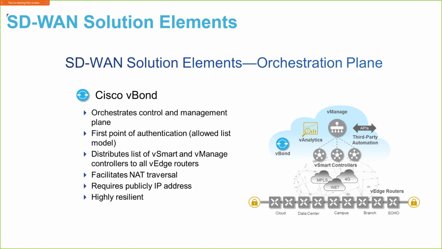We see vBond in this diagram. We see vManage and the vSmart controllers and vAnalytics, and maybe some third-party API automation, but that's really the top piece of these automation elements. Zero-touch provisioning, for example, to facilitate the implementation of a particular site or auto configuration based on particular business needs.